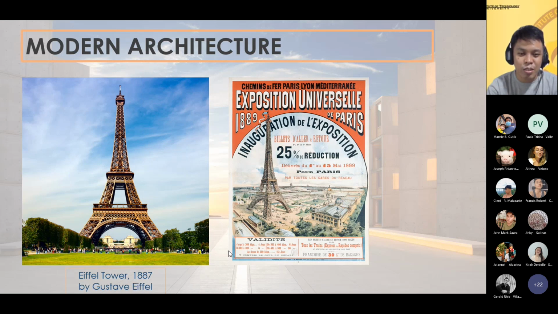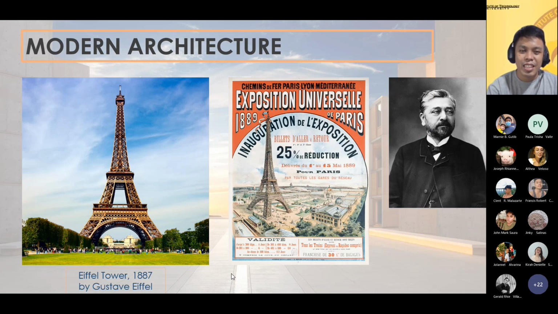And gladly, ilan ang gihimo, kay if wala pa, sayang, wala tayong Eiffel Tower karon sa France, no? So this is Gustave Eiffel, the designer of that Eiffel Tower, who is actually an engineer. Kay ang iyahang negosyo or brand nga gi-cater is pag-create, pag-manufacture og steel.